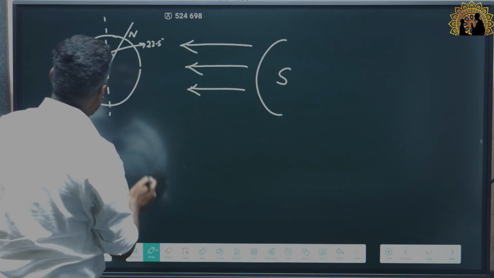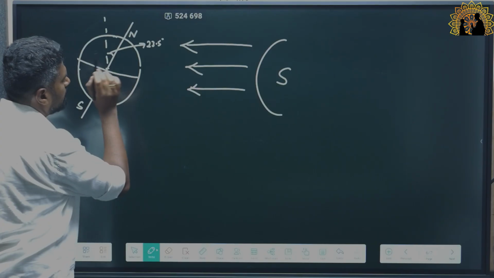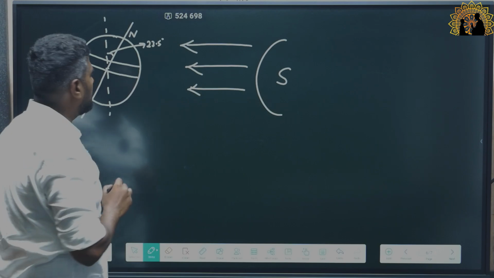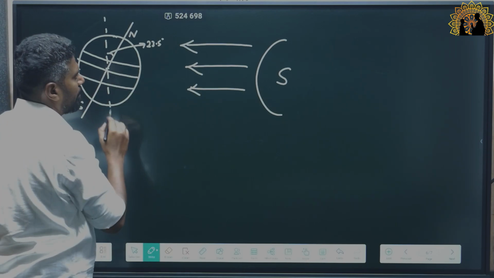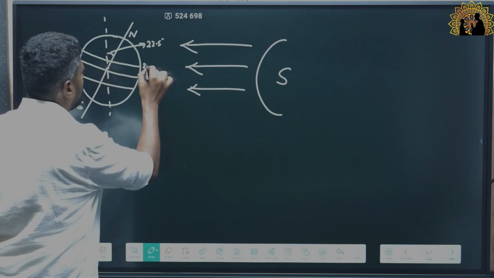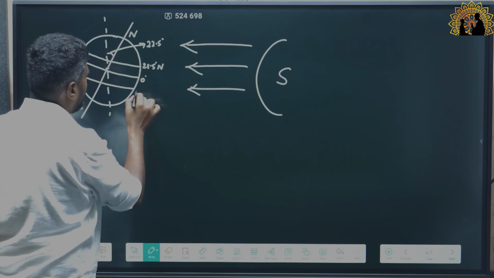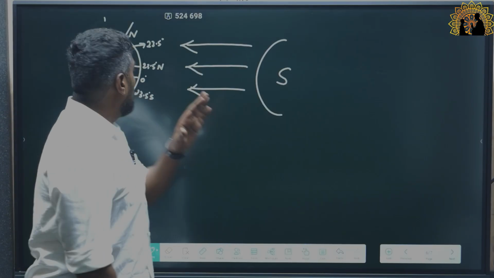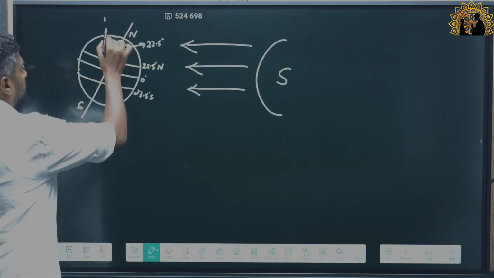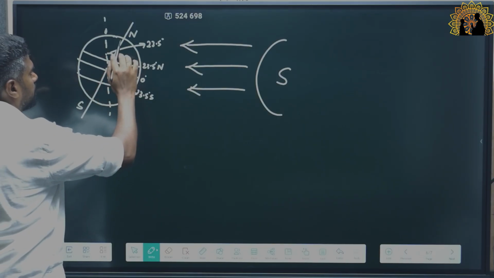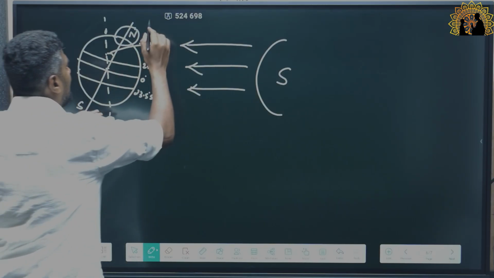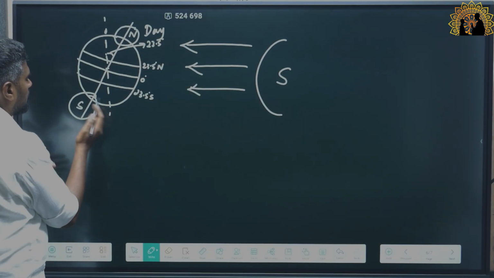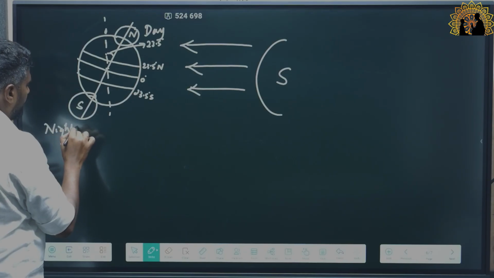Since the axis is tilted, the equator is going to be like this, the Tropic of Cancer would be like this, and we have this Tropic of Capricorn. So this is the equator, this is 23.5 degree north, the Tropic of Cancer, and this is Capricorn. Now observe here, the circle of illumination was like this, and now you can observe the north pole is on the day side, and the south pole is on the night side.